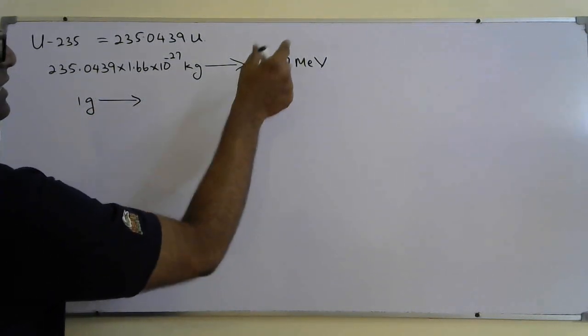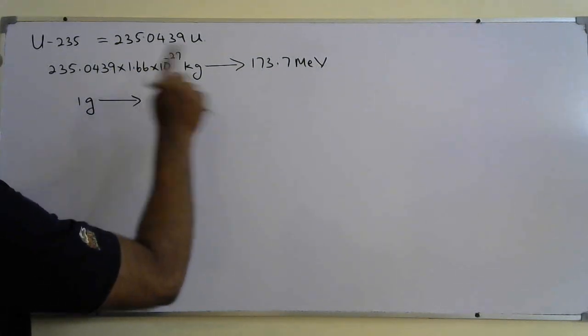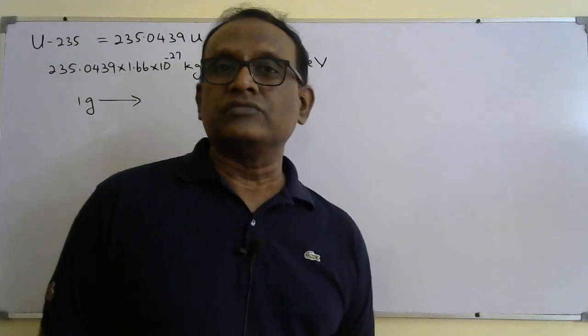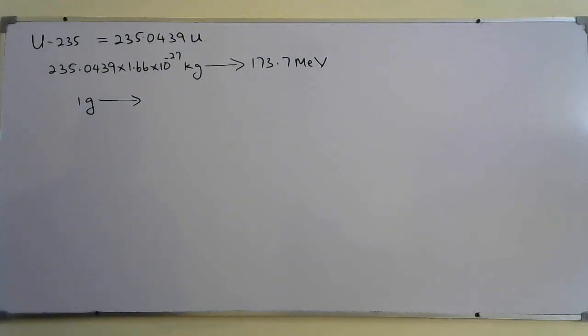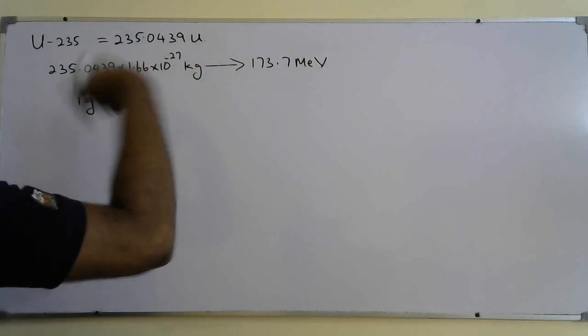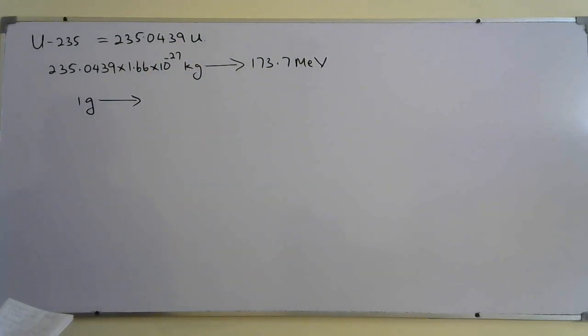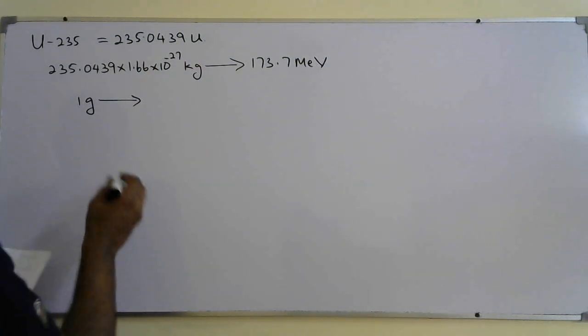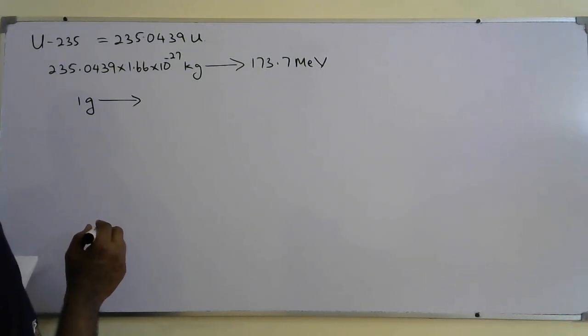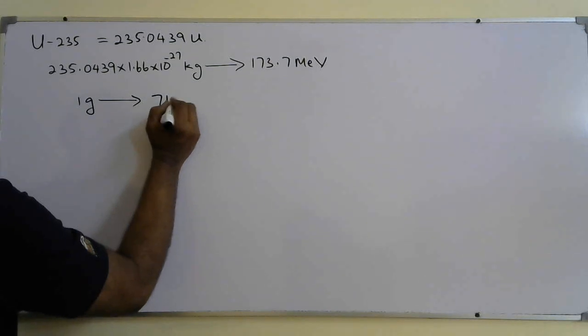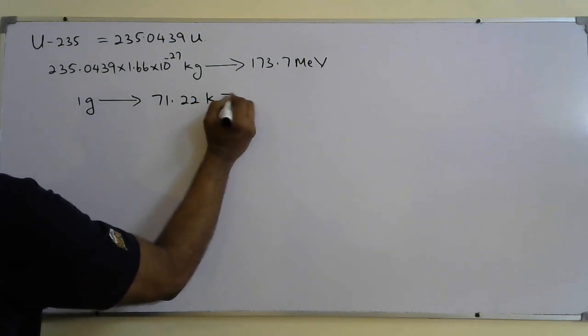Divide this by this amount, and if I divide this by this, I'll get the energy release for 1 kilogram, but I want to find it for 1 gram. So again divide by 1000, and that will be 71.22 kilojoules.